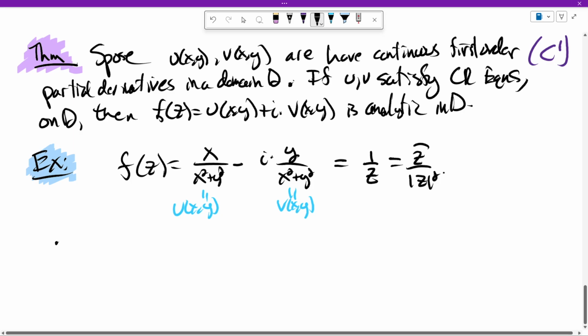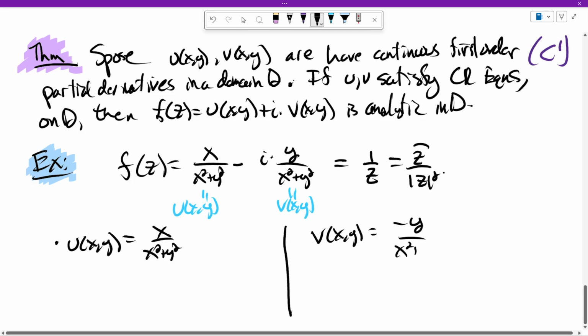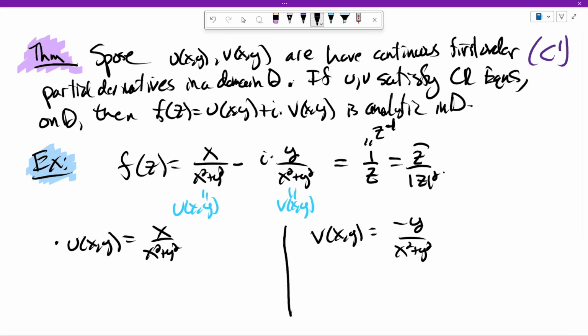Okay, so let's write them out. u of x,y is x over x squared plus y squared, and v of x,y is, make sure to include the negative, negative y over x squared plus y squared. Now this is the function 1 over z, which is z to the negative 1, which by the power rule should be differentiable everywhere except for 0. And we're going to recover that.